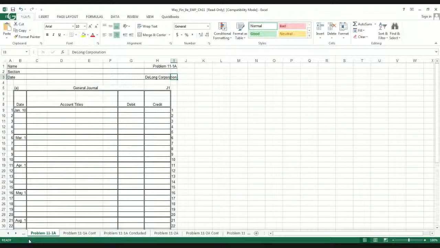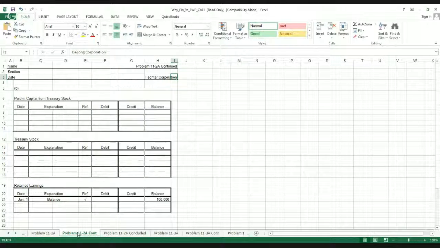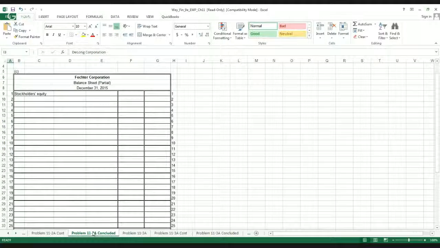No, it's P11 2A, and it is this portion, portion C. With portion C, we're looking not at the balance sheet as a whole. This is a partial balance sheet. We're looking at the stockholders' equity, and we're really recording what's happening with the treasury stock.